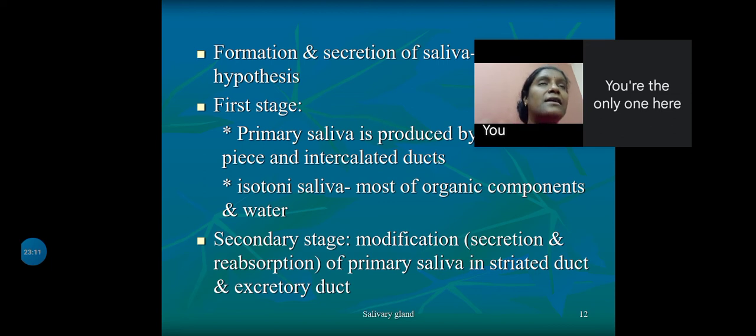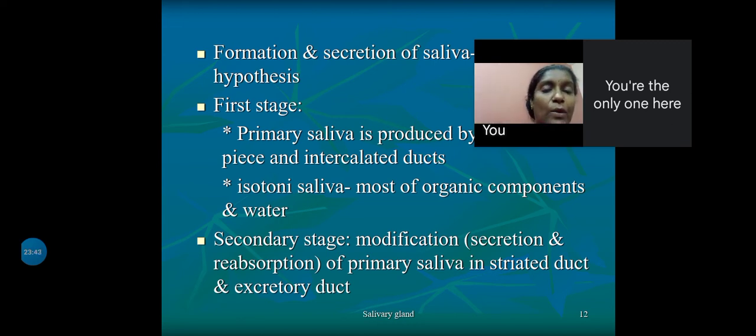The saliva is made up of a secretory component, that is the acinar cells, which are basically epithelial cells arising from the ectoderm. So these acinar cells will secrete the salivary proteins. The salivary proteins will be transported from the acinar cells after their production through a ductal system. In this ductal system, there will be addition and removal of substances along with addition of water. Okay, so that's how the saliva is going to be formed.